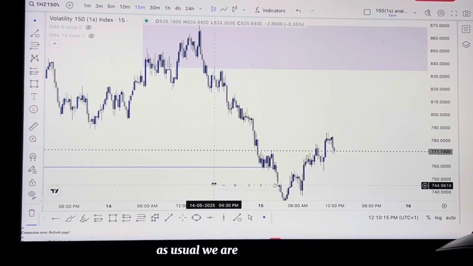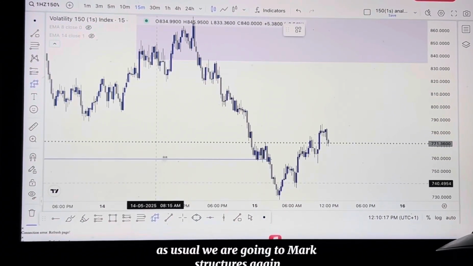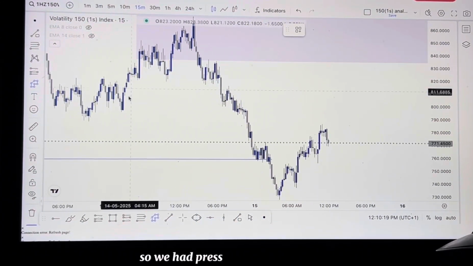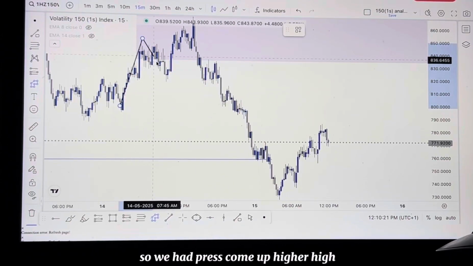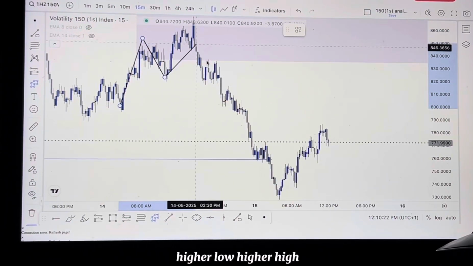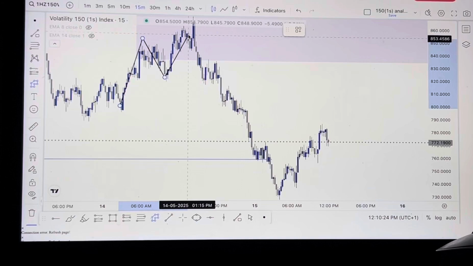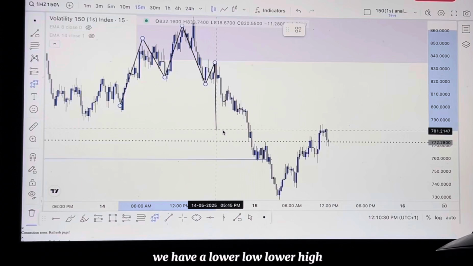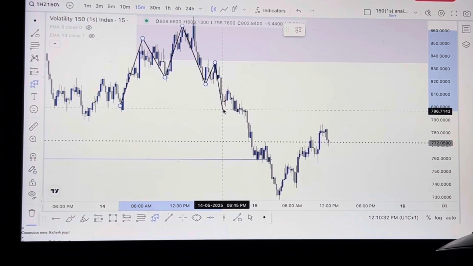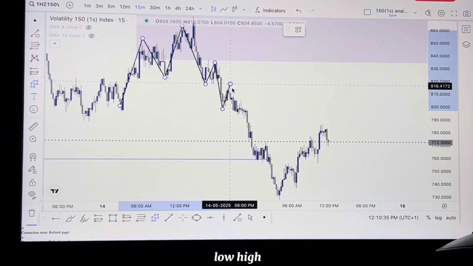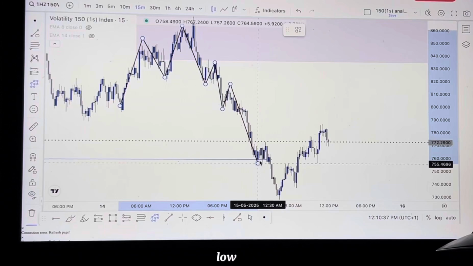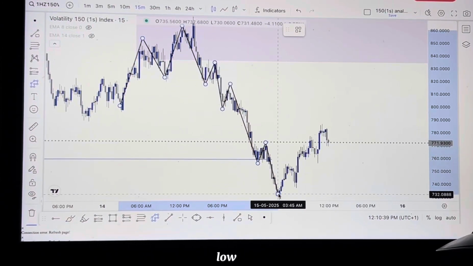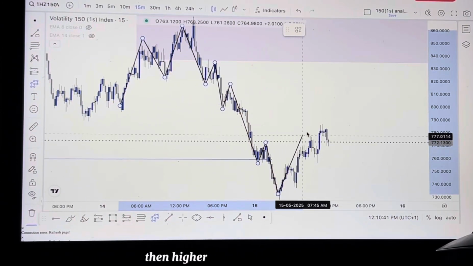As usual, we are going to mark structures again. So we had price come up, higher high, higher low, higher high. Sorry guys, price has taken out a strong low. We have a lower low, lower high, lower low, lower high, lower low, then higher high.